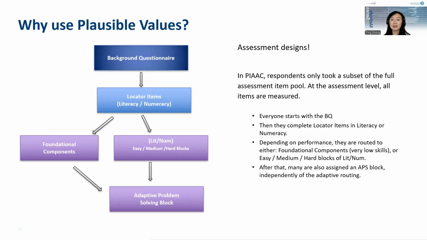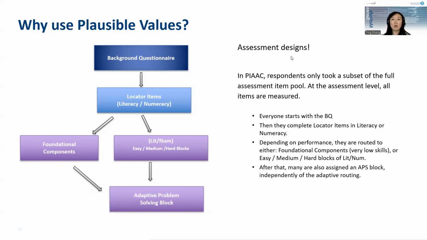After that, many of the respondents are also assigned an adaptive problem-solving block randomly. This block is independent of the adaptive routing, meaning it's not dependent on the respondent's performance on the locator items.